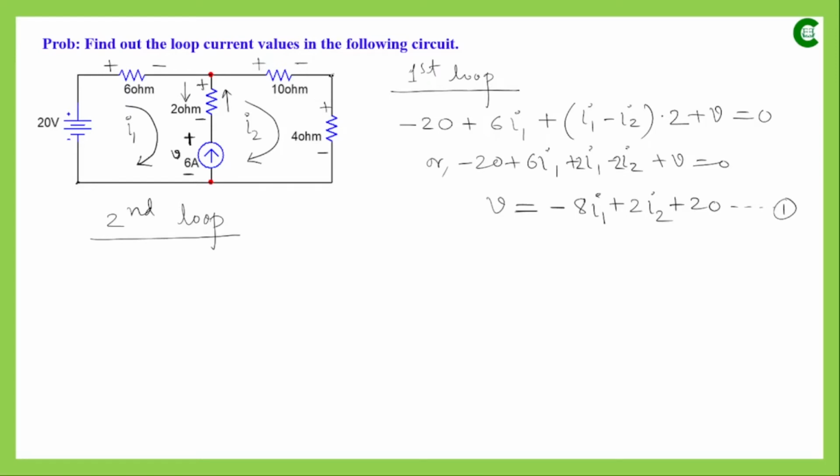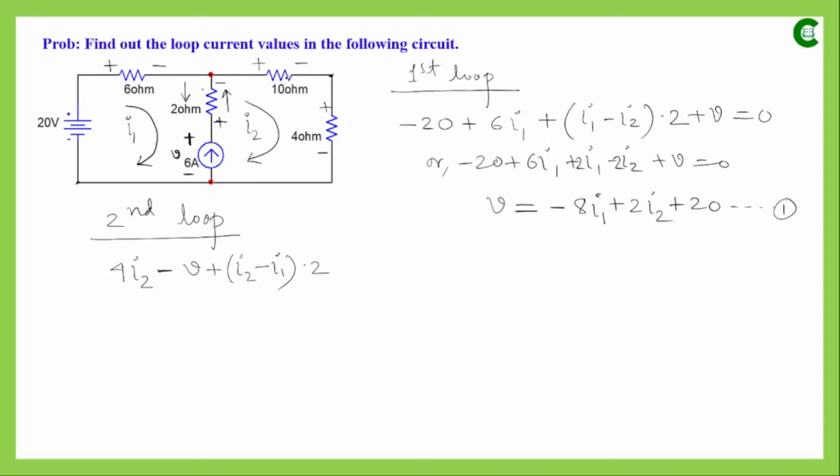So if we start traversing from this point, the voltage drop will be 4 into I2, and then we have this 2 ohm resistor. The resultant current with respect to I2 will be I2 minus I1, and the net direction will be upward through this 2 ohm resistor. So the polarity is this, higher potential here and lower potential here, and the net voltage drop will be I2 minus I1 multiplied by the resistance value, which is 2.